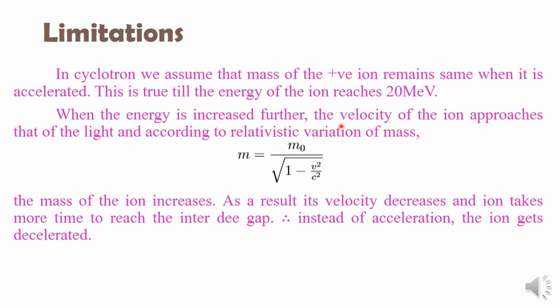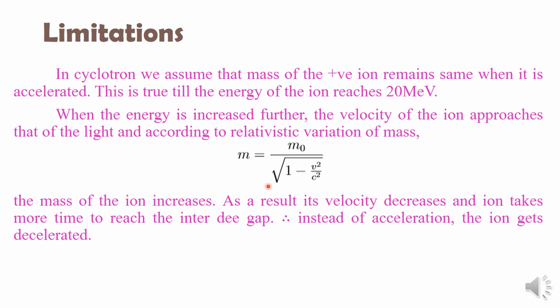When the energy of the ion is increased further, the ions will move with a very high velocity, and when the velocity of the ion reaches equal to the velocity of light, then the ion will experience a relativistic variation of mass. Now you are familiar with this particular formula in special theory of relativity.